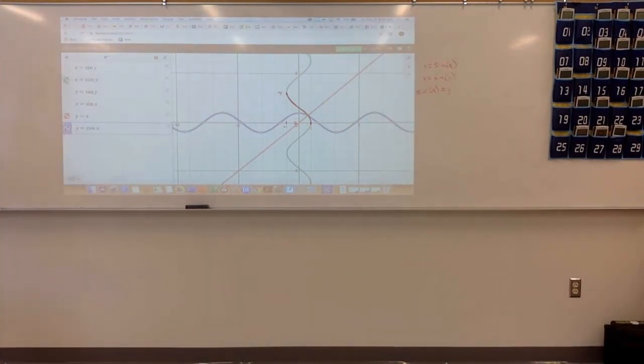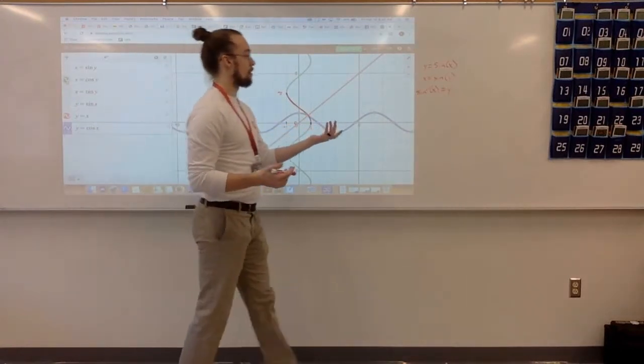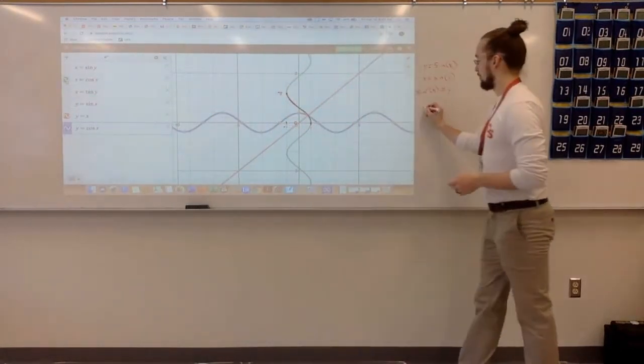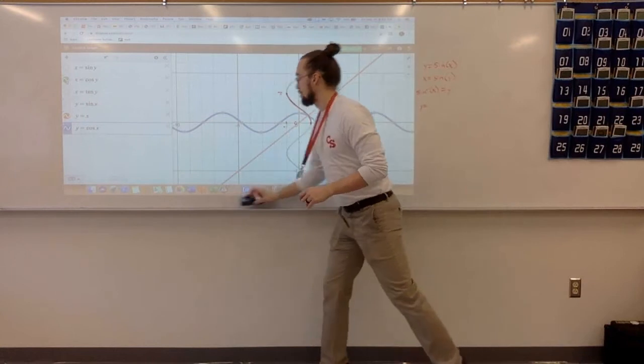One more question. If there is a b value, then will it be bigger than pi? Yes. So if our function was, well, we can just look at it on here.